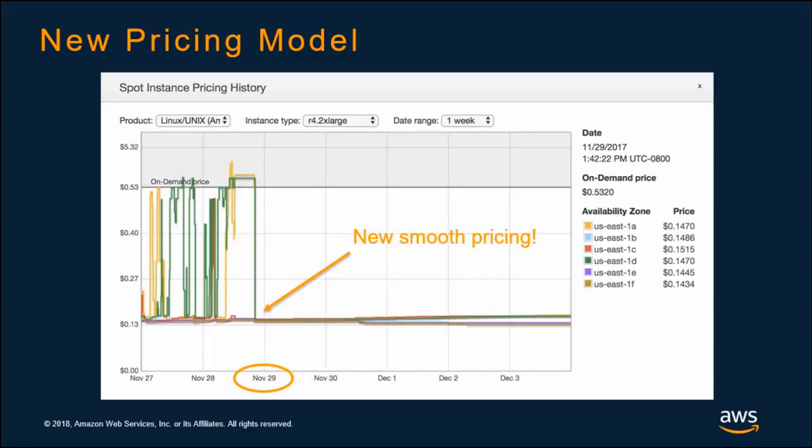As you can see, they could potentially go up and even exceed the on-demand price. When we launched the new Spot pricing model, prices have become significantly more predictable and the prices change significantly less frequently. We continue to use supply and demand to determine prices, but instead of looking at supply and demand right now, we're looking at supply and demand for capacity over a longer period of time.